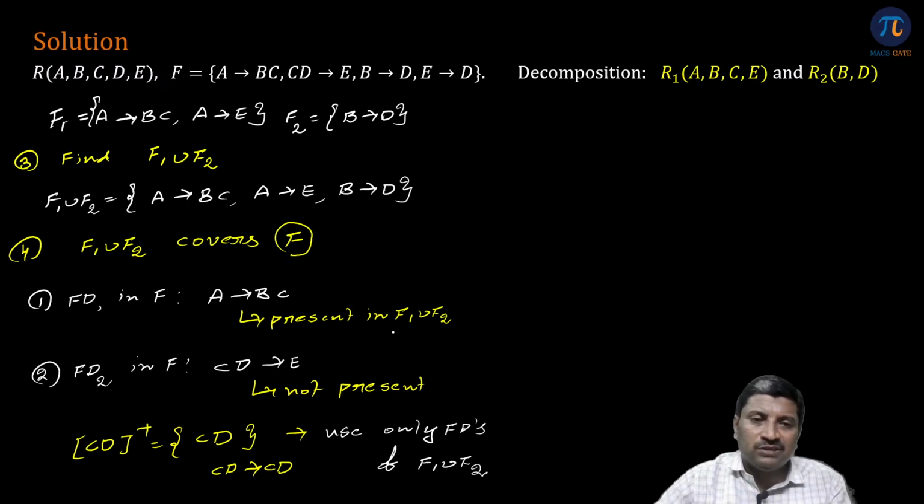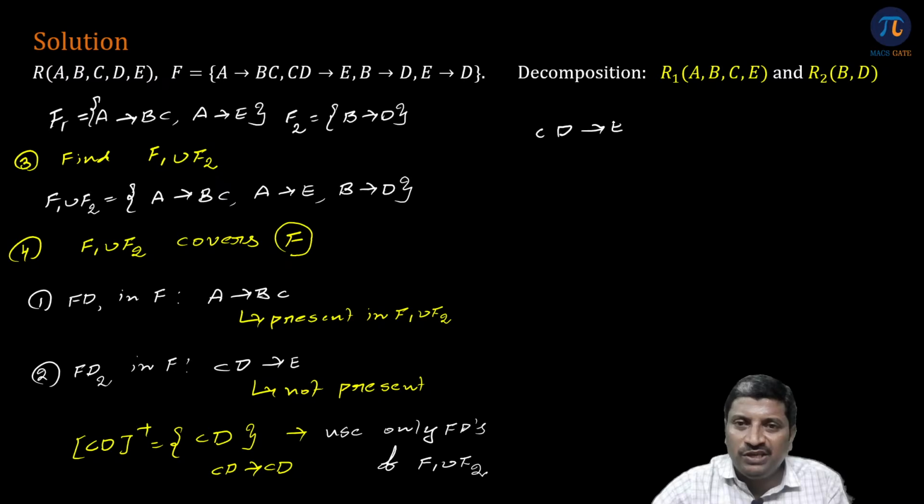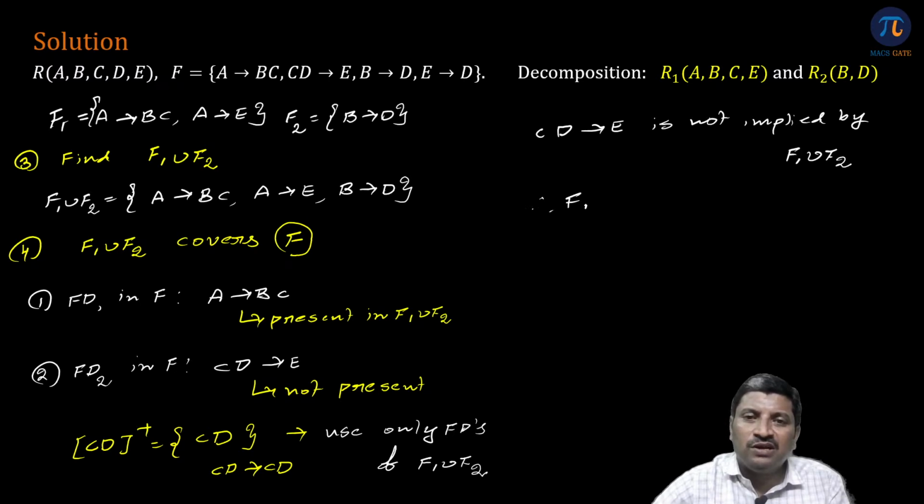So that means CD implies E is not implied by F1 union F2. So what is our conclusion, sir?